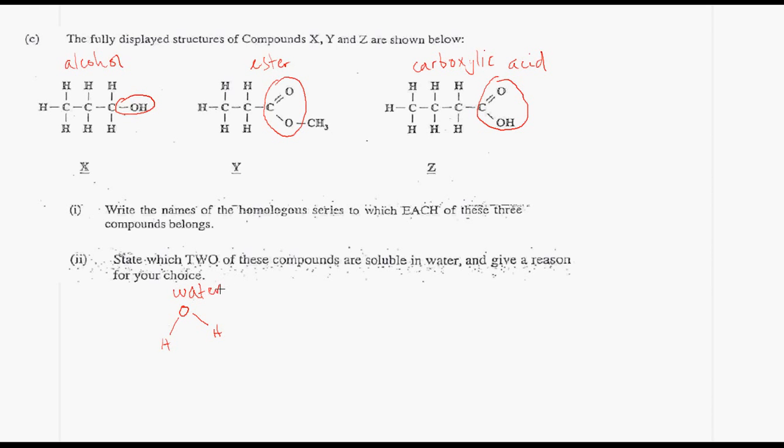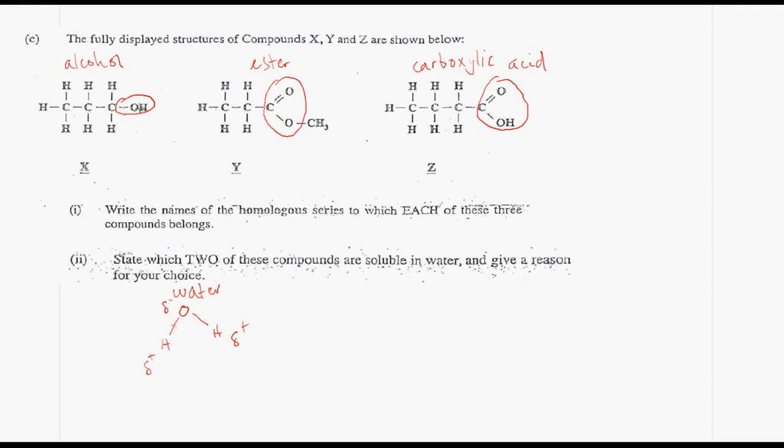and water is a polar solvent. So there's a delta plus charge on the hydrogen atoms and a delta negative charge on the oxygen atom. Oxygen is more electronegative than hydrogen, and therefore the electrons in this bond are shifted towards the oxygen atom, and this is what makes the water molecule polar.